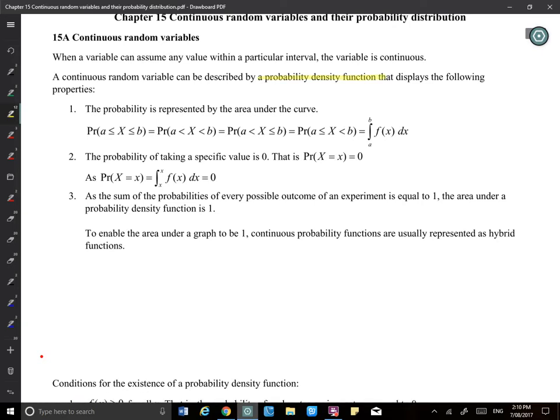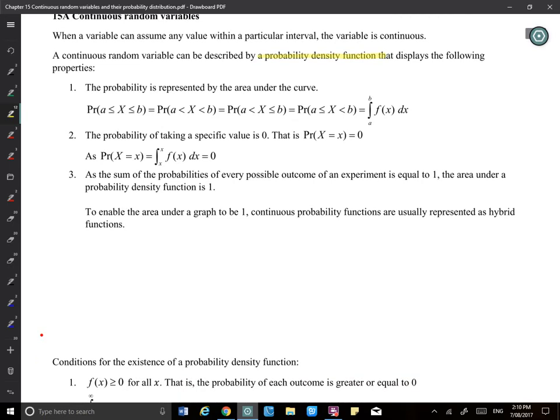This density function is not going to give you probability at individual points. I'll explain more about what a density function is. The probability is represented by the area under the curve.